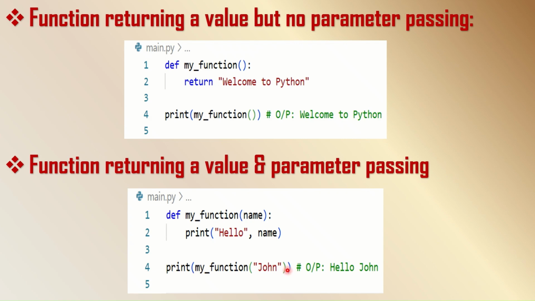Finally I'm calling this function by passing the argument value to this function. Whenever this value John is passed to this function, it will come inside the function, and then finally it will print this statement, so that we can see hello John in the output. So this is a small overview about functions.